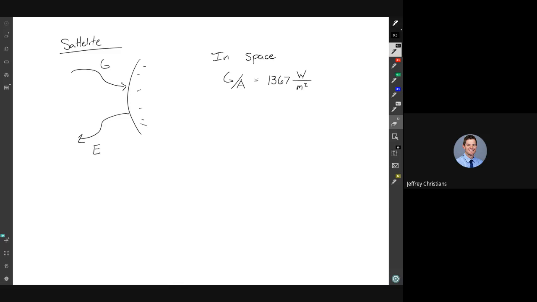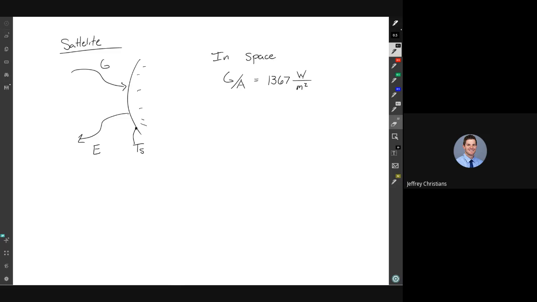Similarly, the surface of our satellite is going to be at some temperature. We'll call it T_S. That's what we're trying to figure out. And that's going to be what's causing emission of light. So we have these two processes.